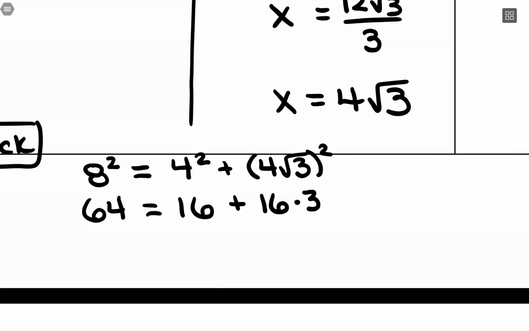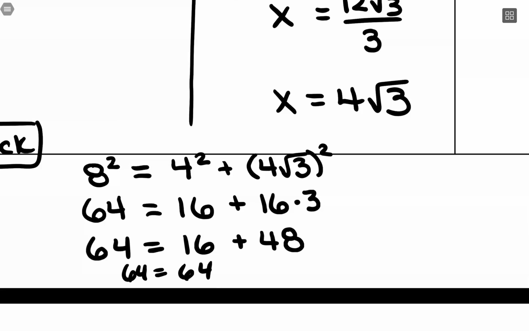So how this will simplify is 16 plus 16 times 3, which is 48. And what we'll see is that does balance out to 64 equals 64.